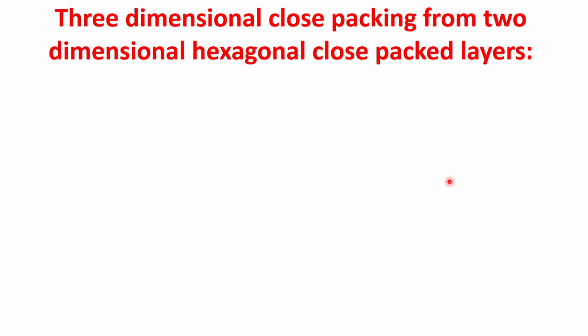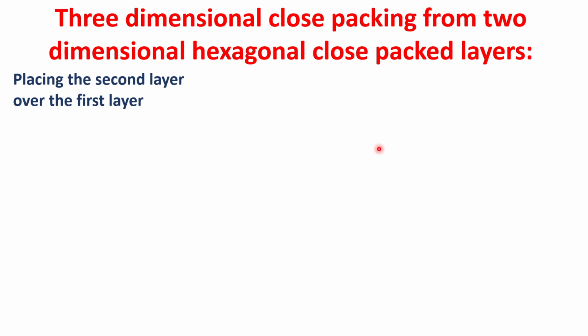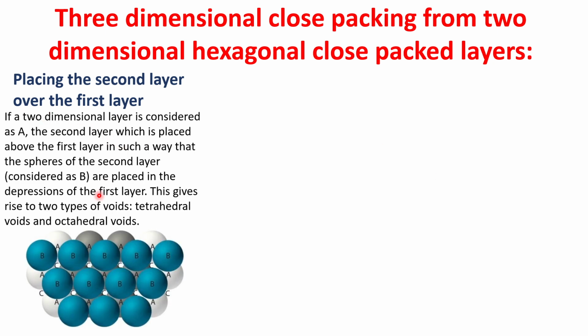Now, coming to three-dimensional closed packing from two-dimensional hexagonal closed packed layers. If the two-dimensional layer is considered as A, with molecules present in the x direction and y direction forming a layer like this, the second layer above the first layer is such that the spheres of the second layer, considered as B, are placed in the depression of the first layer.